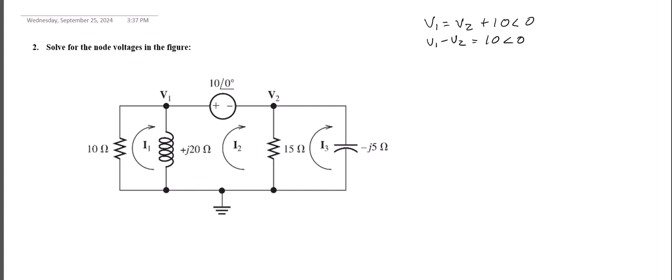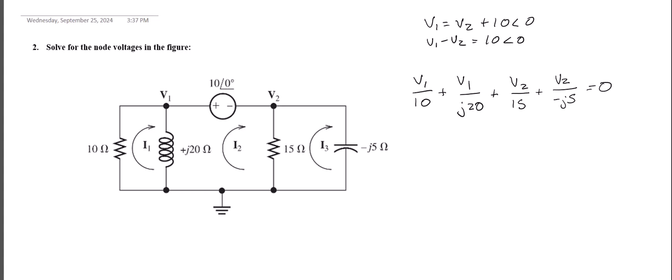And then I can do a nodal analysis equation. Starting from V1, I have V1 over 10, and then going down, plus V1 over J20. And then because it's a supernode, I can keep going with the same equation and go over to V2: plus V2 over 15 plus V2 over minus J5 equals 0.